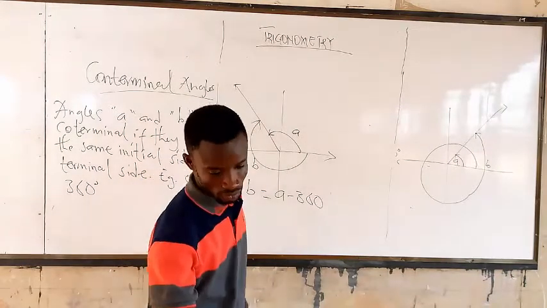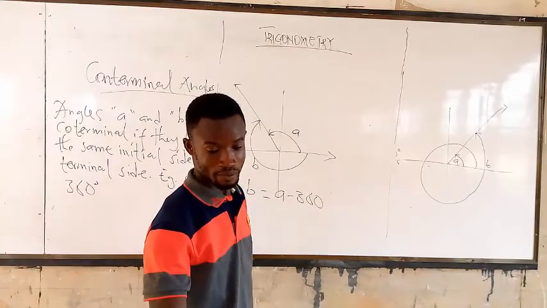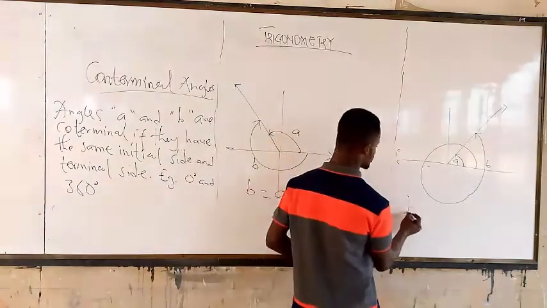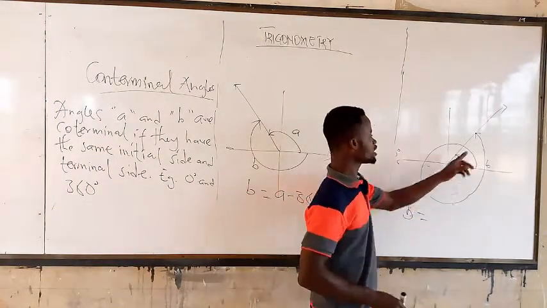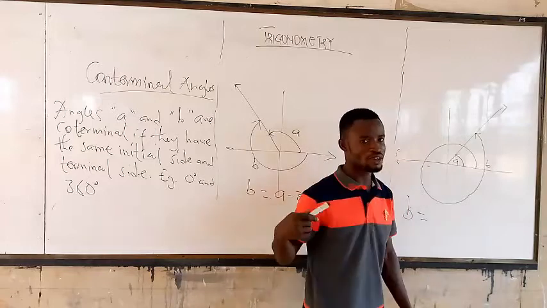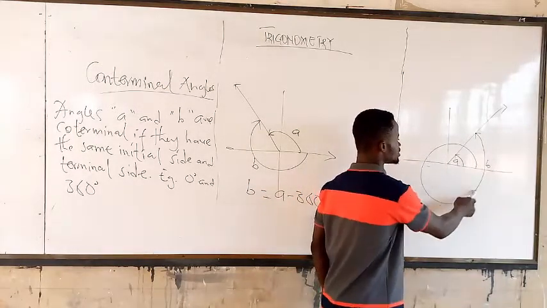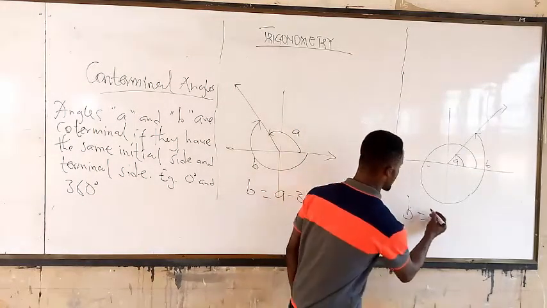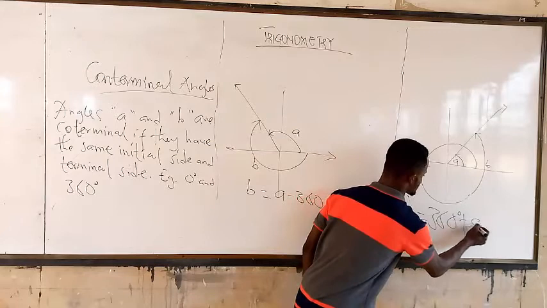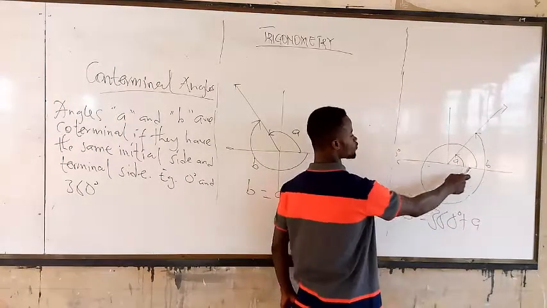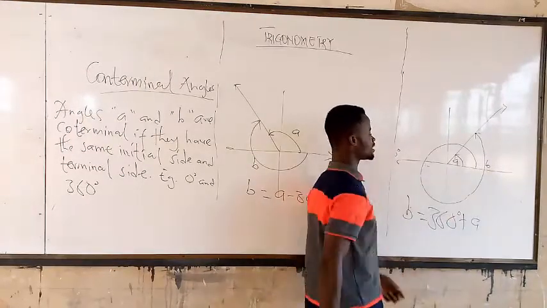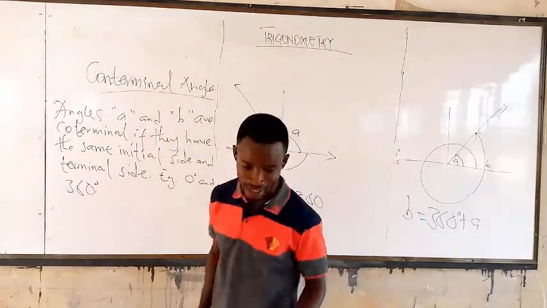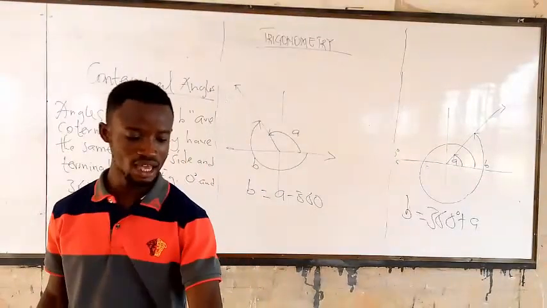Alright. Having this, what are we going to do to get this B? This B is more than one revolution. It's from here to this. So to get that, we have to add 360 degrees plus the A. Because from here to here is the 360, and it has gained another angle, and that angle is A. So we add the 360 to the A. Alright.